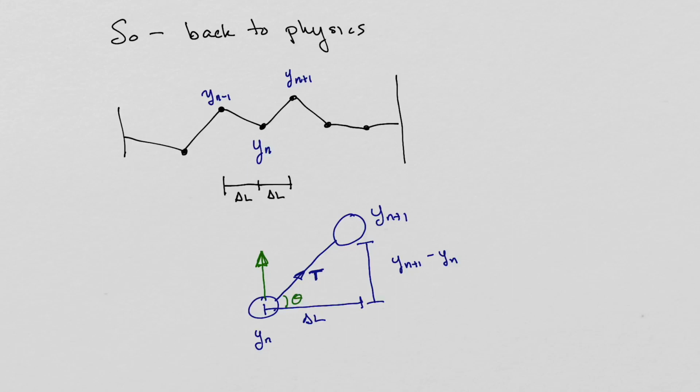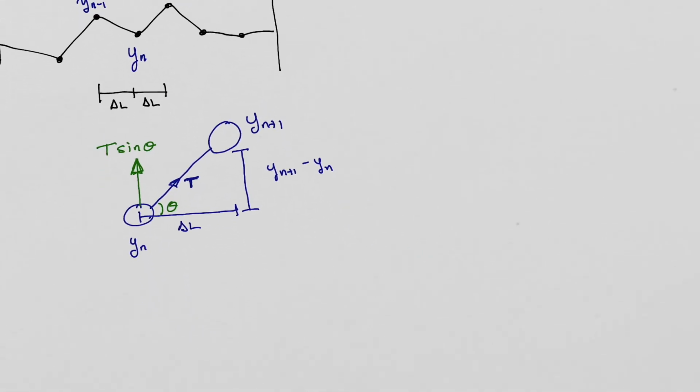So this is going to be T sine theta. Well, sine theta is the opposite over the hypotenuse.